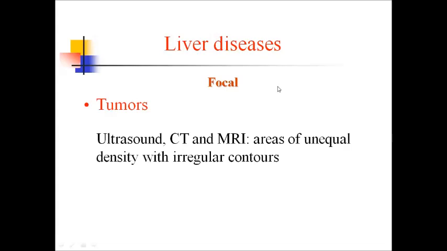Focal diseases of the liver. First of all, tumors. Ultrasound, CT, and MRI, alone or in combination, will present areas of unequal density with irregular contours.